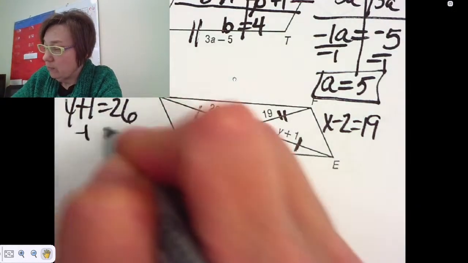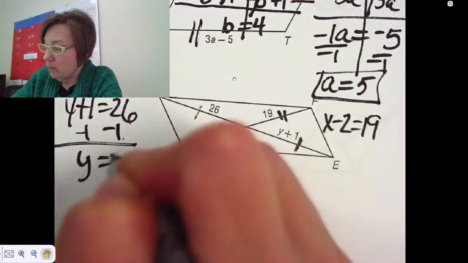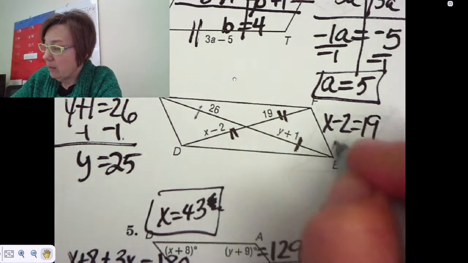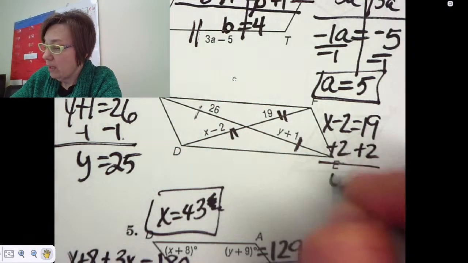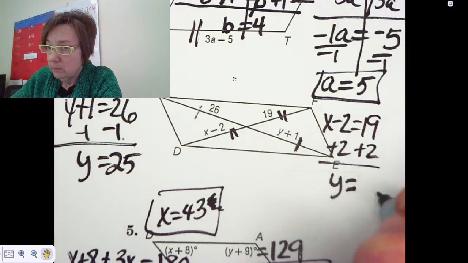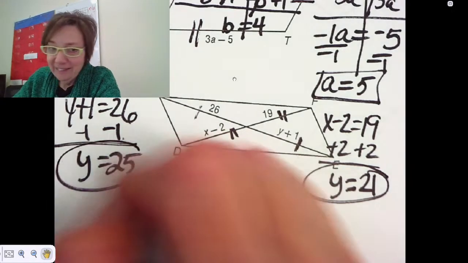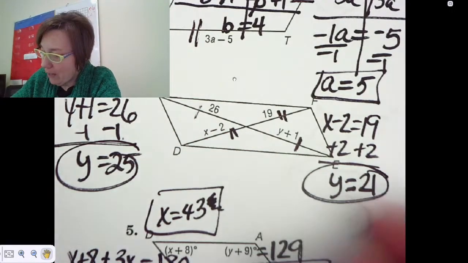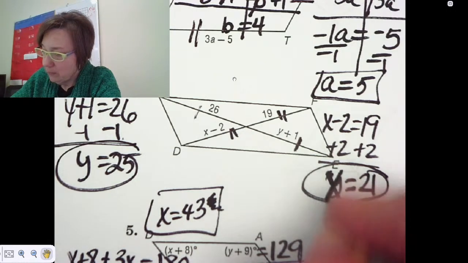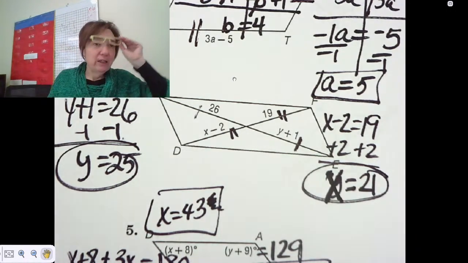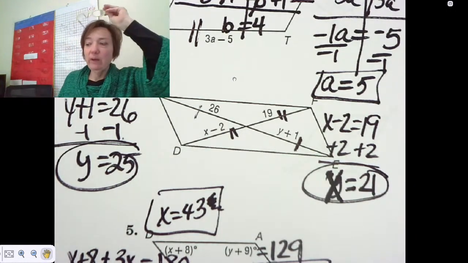Subtract 1 from both sides, y equals 25. Over here, add 2 to both sides, so x equals 21. Those are our answers, and that's not a y, that's an x. That's all you do. See how simple that was?